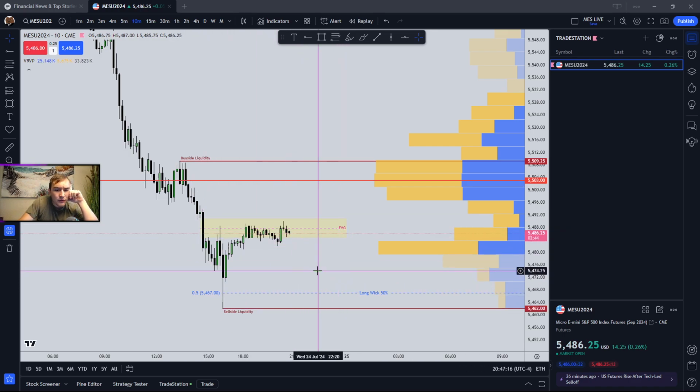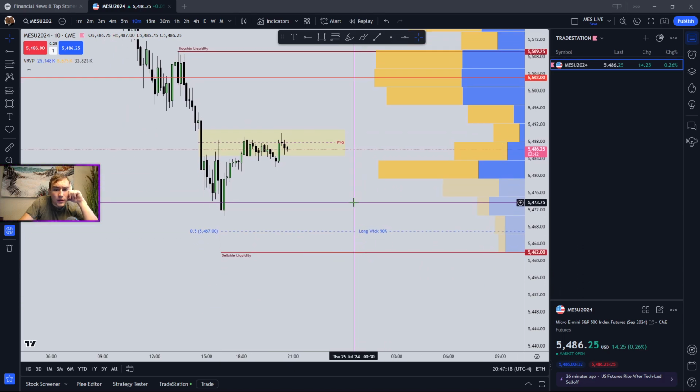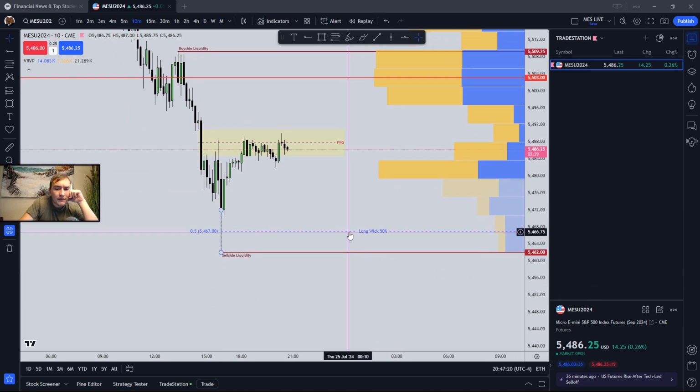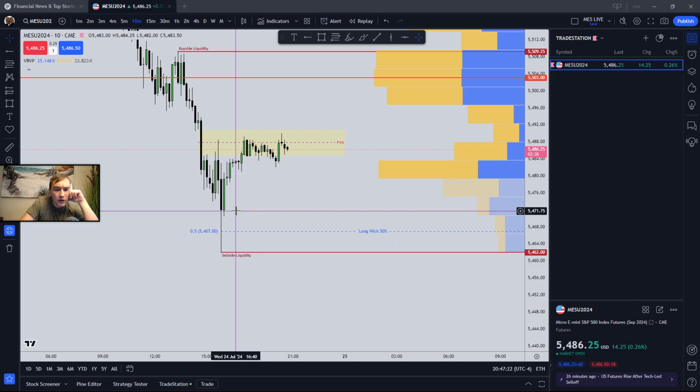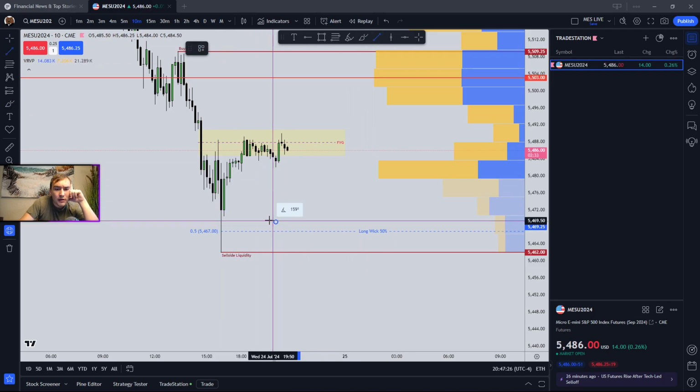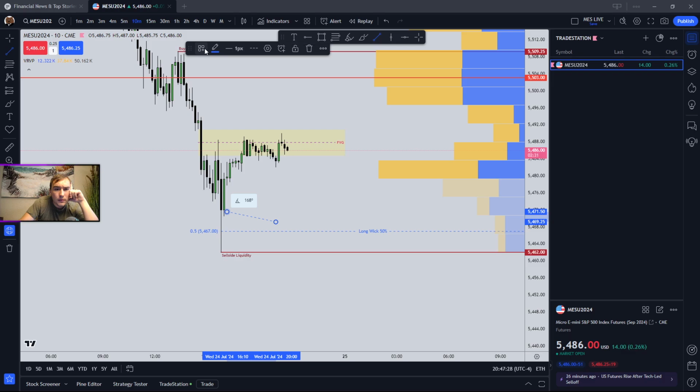Guys, I think during the overnight session that we are likely to head back down to about 5,467 evens. We do have a long wick. We also have an ICT rejection block here. So that's something that I would be looking out for as well.